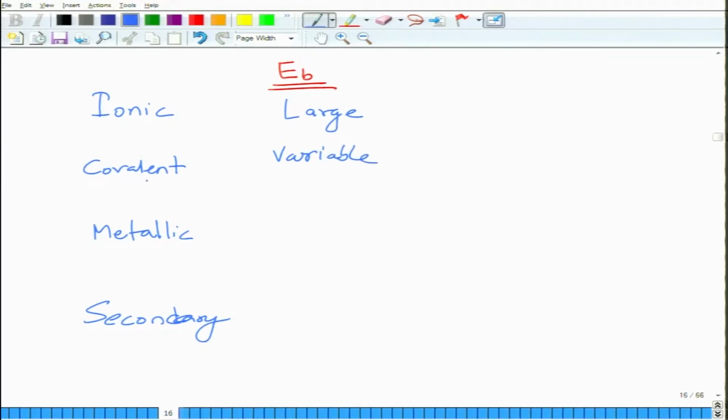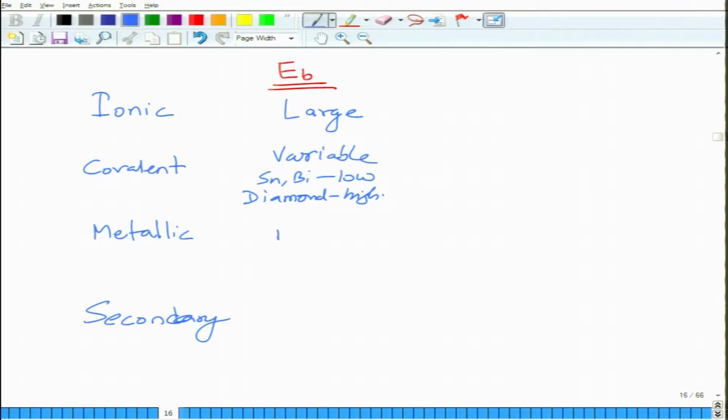because for something like bismuth or tin it can be low. So, for tin, bismuth it is low, but for diamond it is high. For ionic bond it is typically large, but there are some compounds like NaCl for which it is not very high.